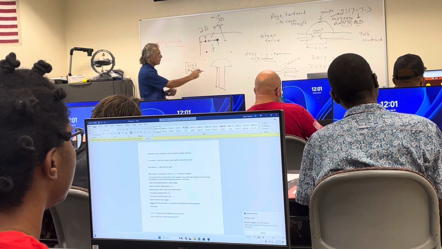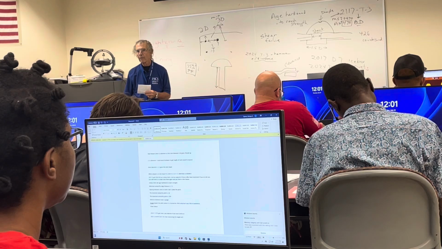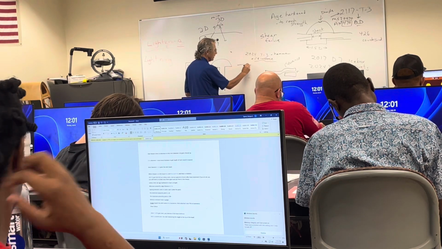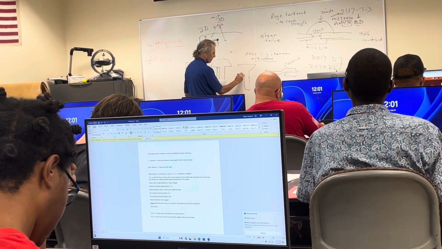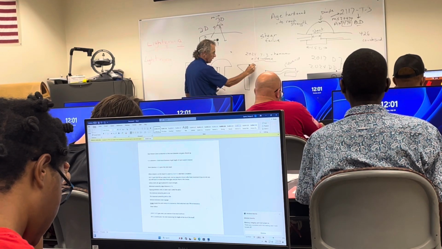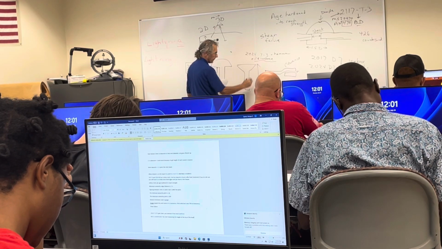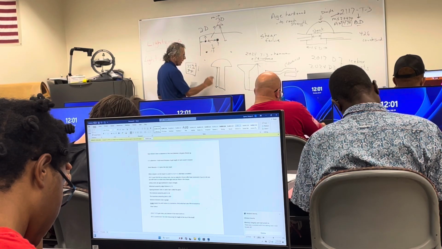And the thickness of that head does not count as a rivet length. However, when we're dealing with a countersunk rivet, the length of the rivet is the entire rivet from top to bottom.